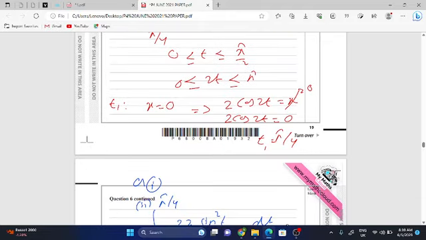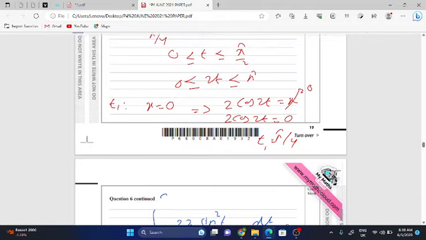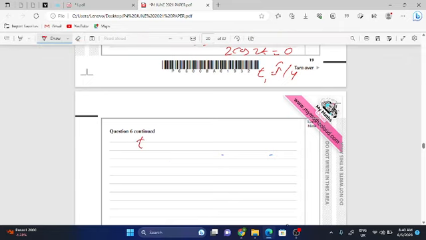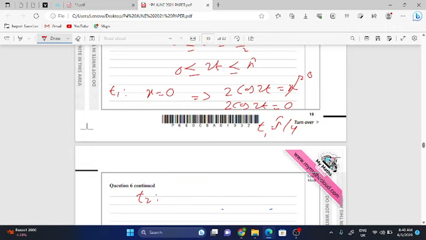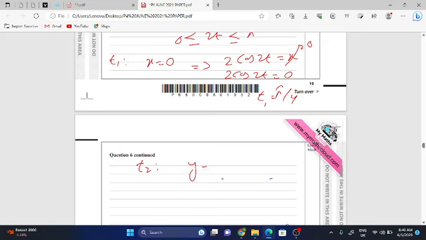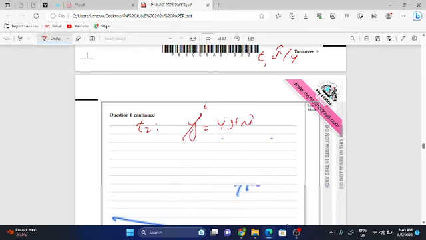Similarly, you can find your answer for t2. For t2, you have to choose the parametric equation of y, that is 4 sine of t, and plug in y equals 0.